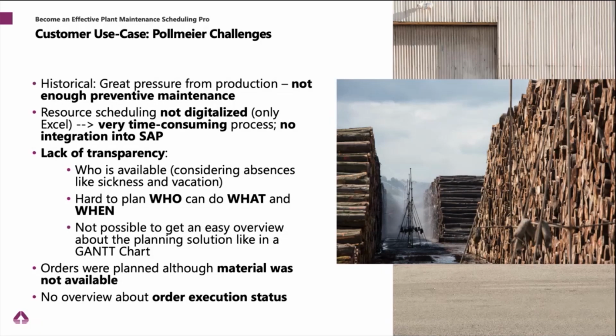Then, they also had issues where orders were planned, but the material was not available, so they had to stop orders. As I mentioned before, you could also include the material delivery or material availability process into the planning. And they also did not have an overview of the order execution status, although they already have a mobile solution in place.